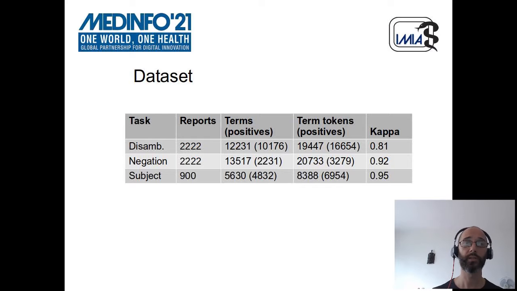The subject dataset contains roughly 1,000 reports. It was made separately because we needed some enrichment on the cases of terms related to family, as it is a rarer occurrence. But the important thing here is that the kappa statistics are quite good. It's maybe a little less good for the disambiguation annotation because it's a bit more tricky to apply, but still quite satisfactory.